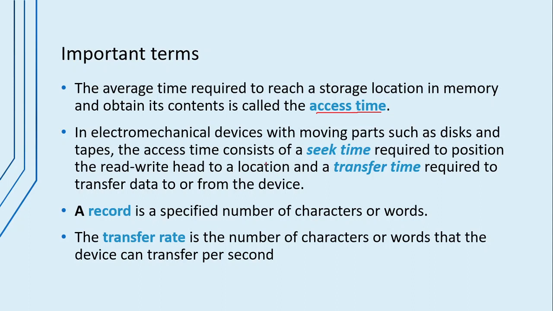Another one is seek time. In an electromechanical device with moving parts such as disks and tapes, the access time consists of seek time and transfer time. Seek time is the time required to position the read-write head at the location, and transfer time is the time required to transfer the data to or from the device.